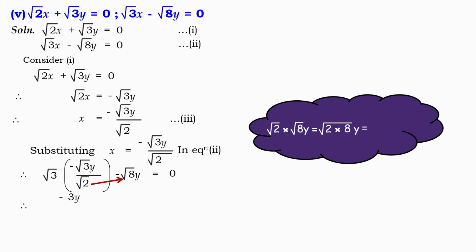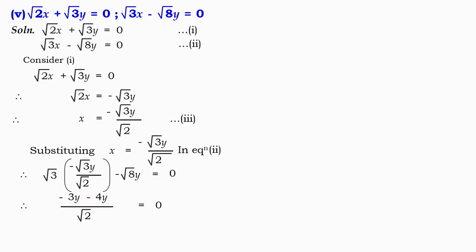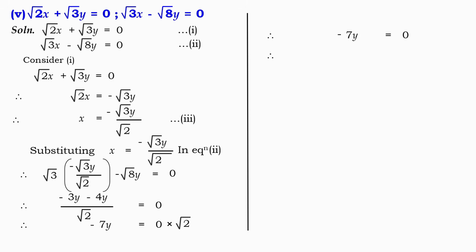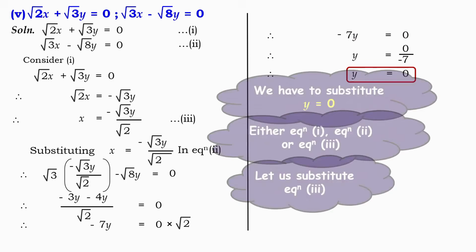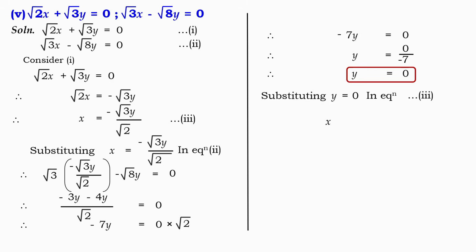Therefore, y equals 0. Now substitute y equals 0 into equation 3. When we substitute y equals 0, we get x equals 0. So the solution of the pair of equations is x equals 0 and y equals 0.